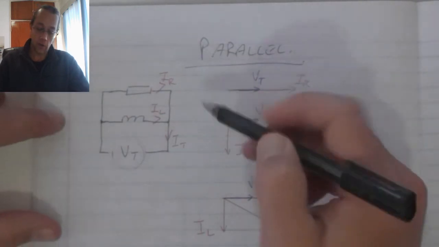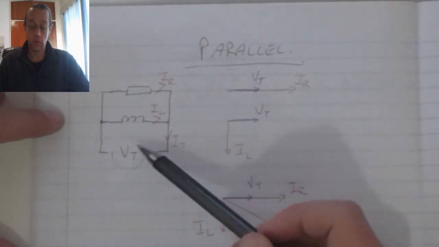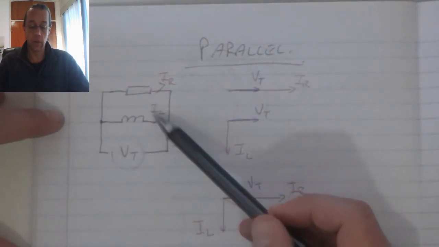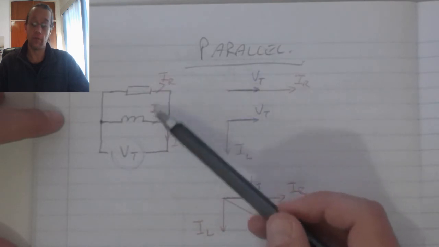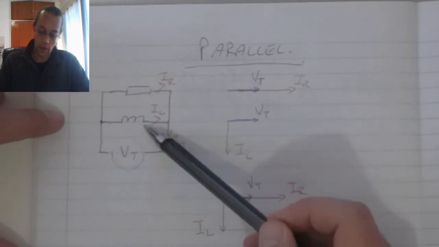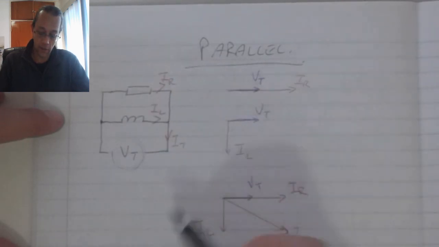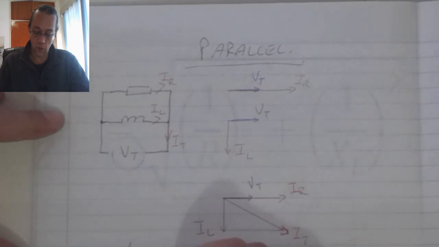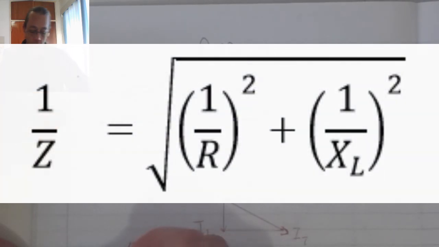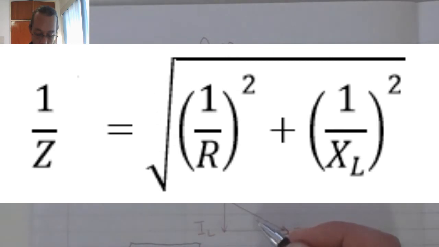When it comes to parallel circuits, we learned that the total resistance of a parallel circuit will be the inverse of the individual resistances. So when we apply that, we see 1 over Z is equal to the square root of 1 over R squared plus 1 over XL squared, all of that rooted.